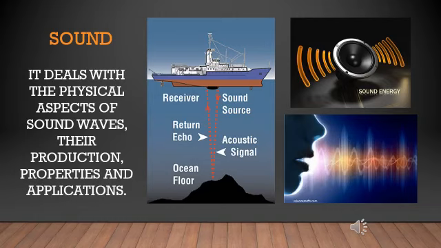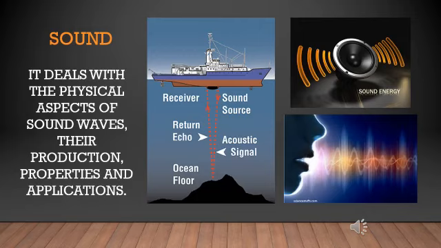The third branch of physics is sound. Sound is a form of energy which travels from one person to another person. Now, how does sound travel from one person to another? The point arises here. This is a form of energy which travels through the air molecules towards another person.